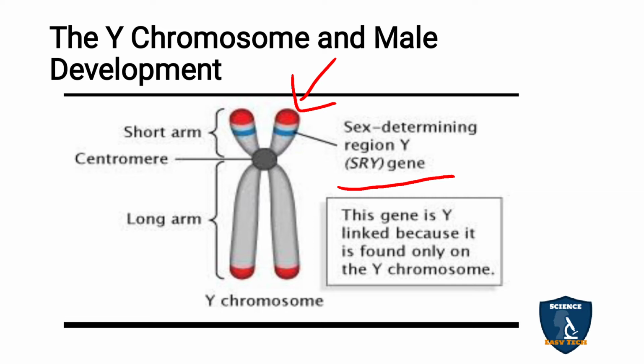This SRY is absent in the X chromosome in humans, so due to the absence of SRY, the sex is female and it develops into the female. This SRY is seen in the testis determining factor, TDF.